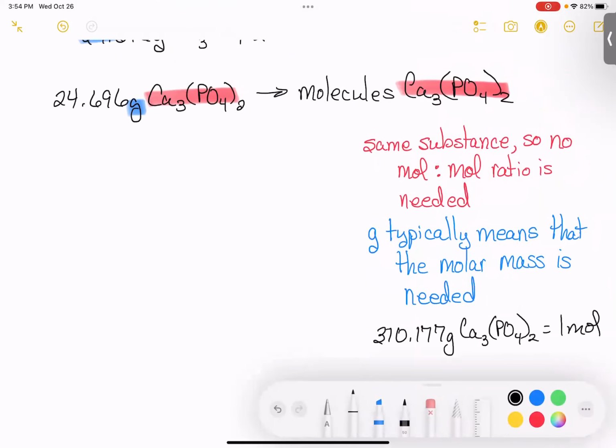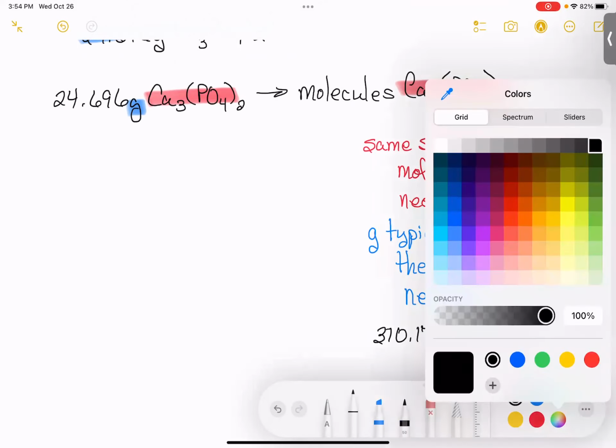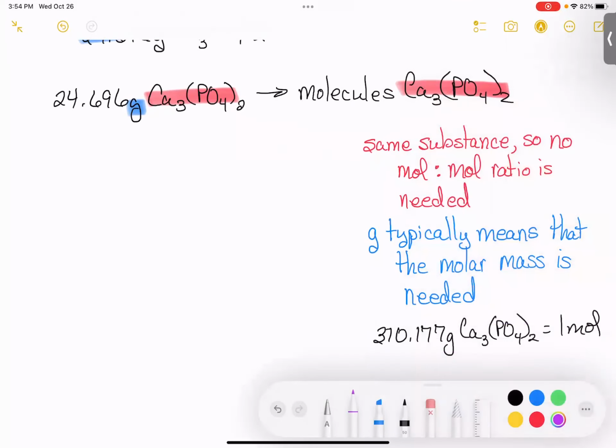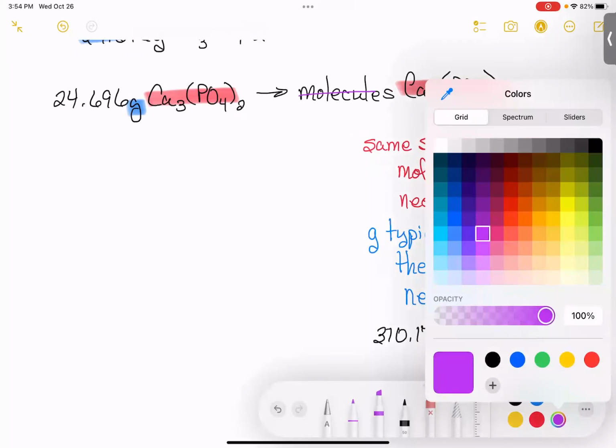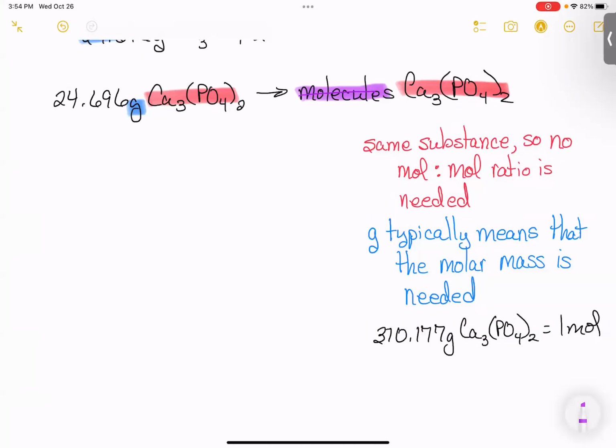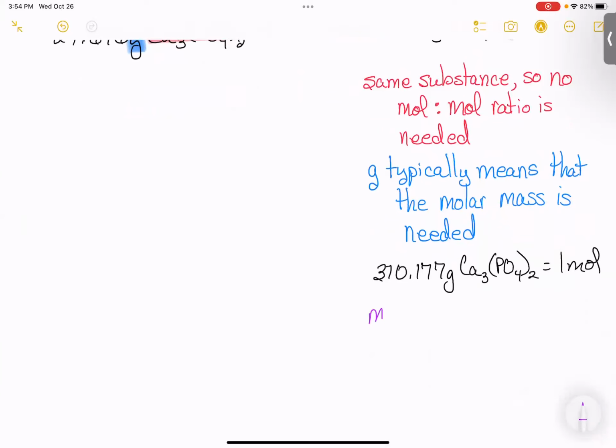The other thing I notice is that I have molecules. And anytime I see molecules or atoms or ions, you're going to go to Avogadro's number.